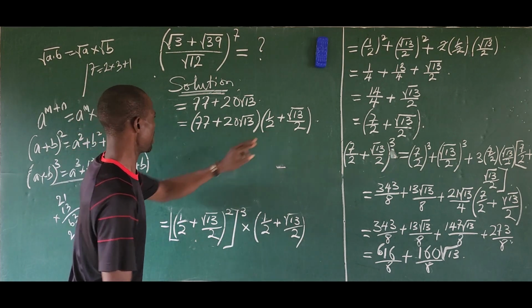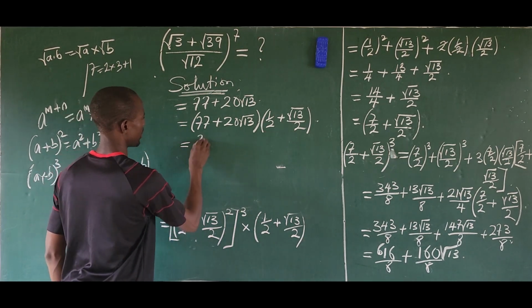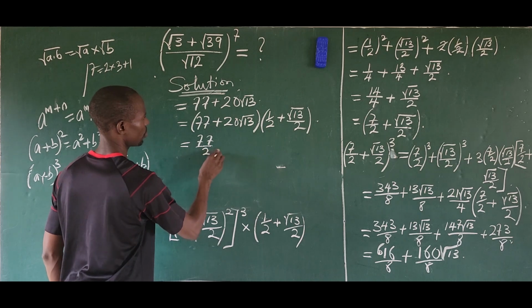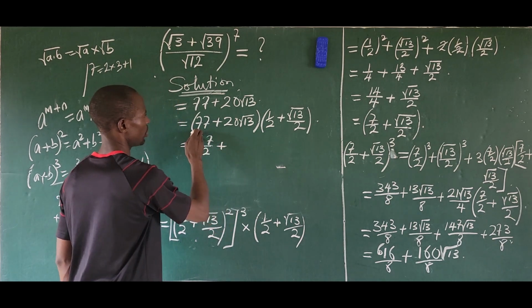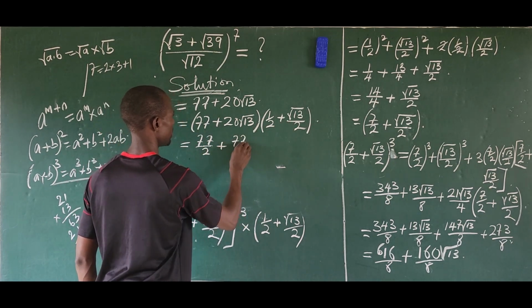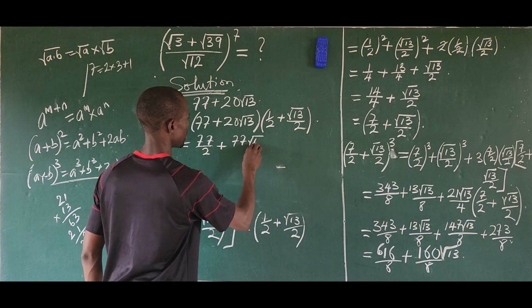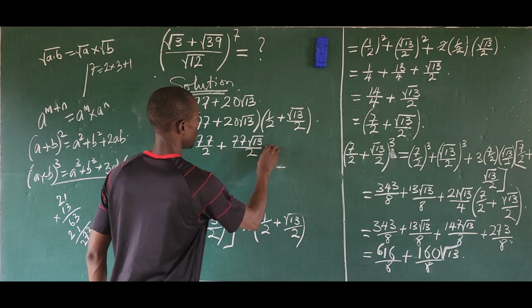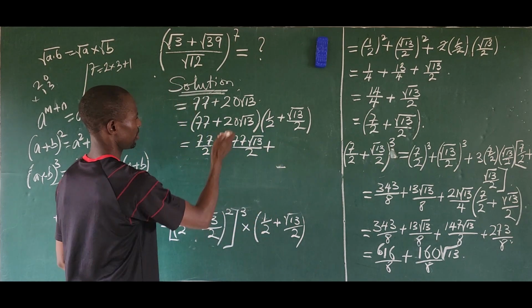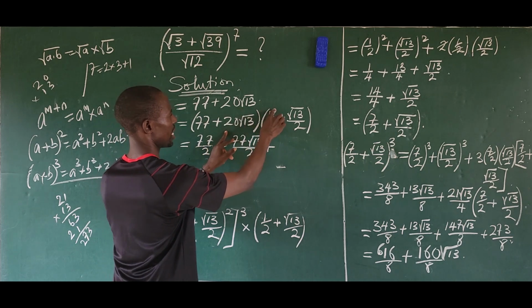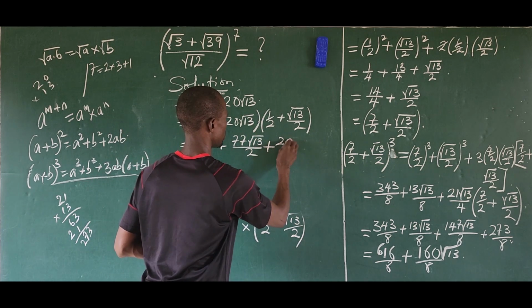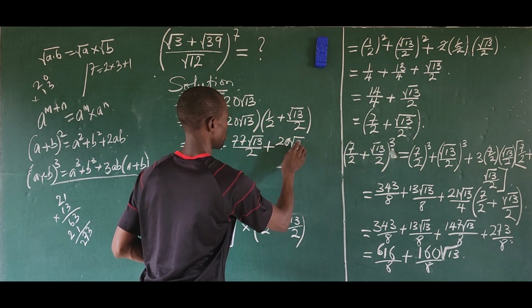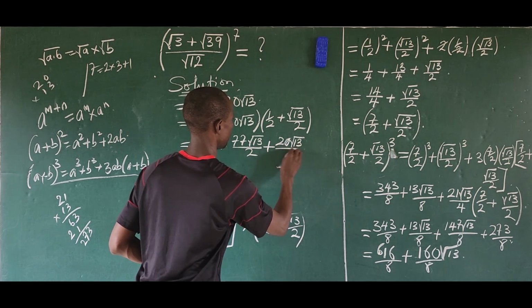So we use this to find this. This is going to give us 77 all over 2. Then plus, we equally use this to find this, giving us 77 root 13 all over 2. Then plus here, we use this to find it. This is going to give us 20 root 13 all over 2.